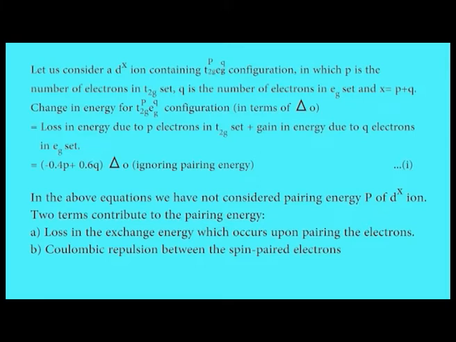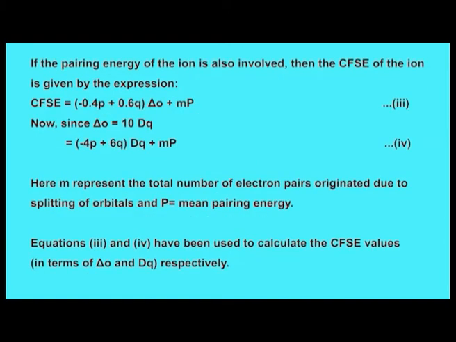In this equation, we have not considered the pairing energy of the dx ion. Two terms contribute to the pairing energy, that is the loss in the exchange energy which occurs upon pairing of electrons and Coulombic repulsion between spin paired electrons. If the pairing energy of the ion is also involved, then the CFSE of the ion is given by the expression CFSE is equal to minus 0.4p plus 0.6q delta O plus m into P. Now, since delta O is also known as 10 Dq, the equation will become minus 4p plus 6q Dq plus mP.